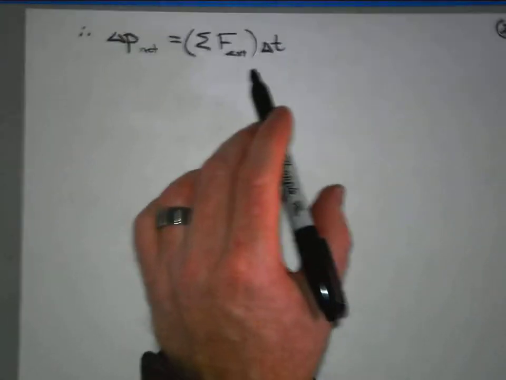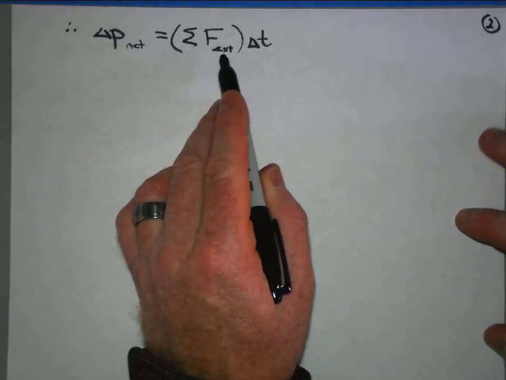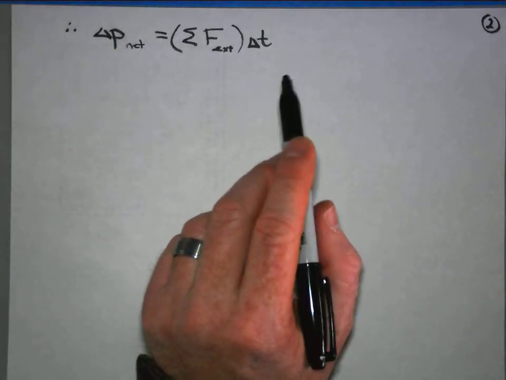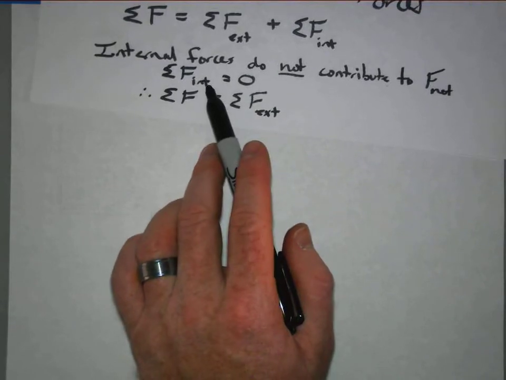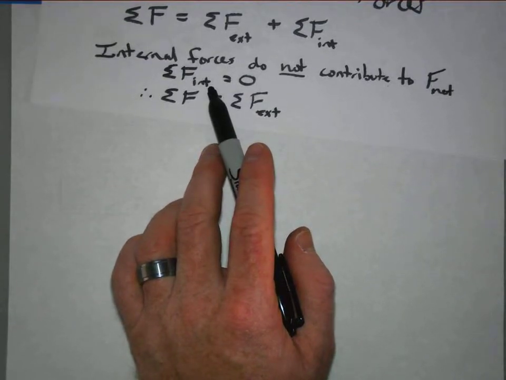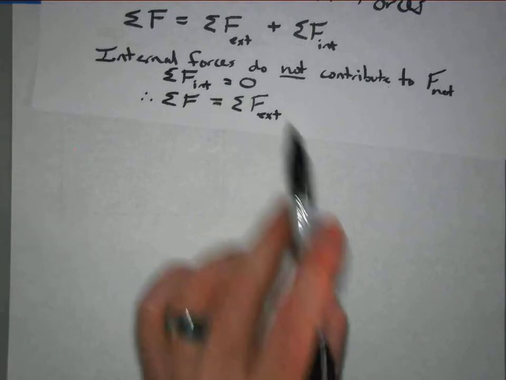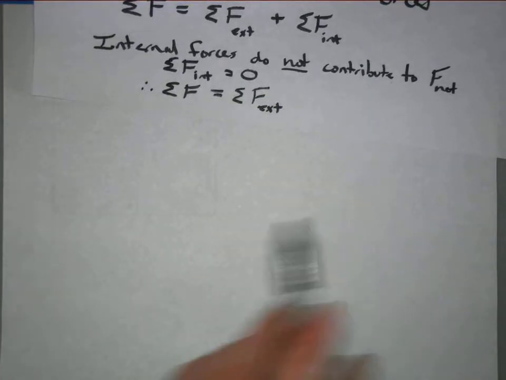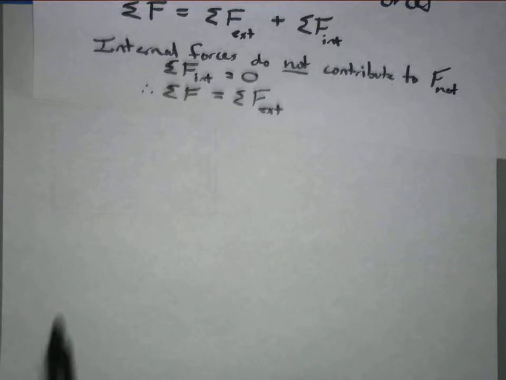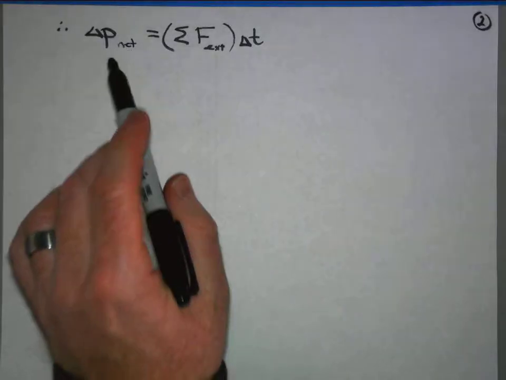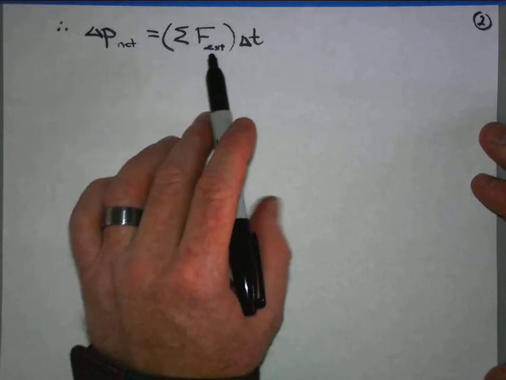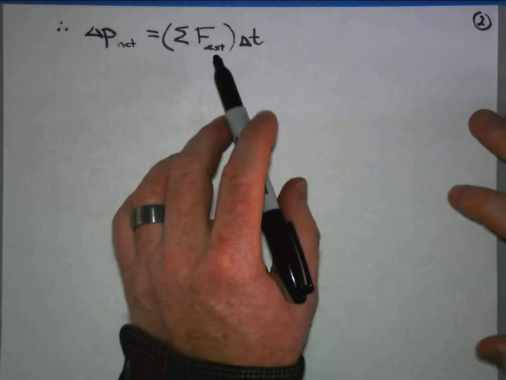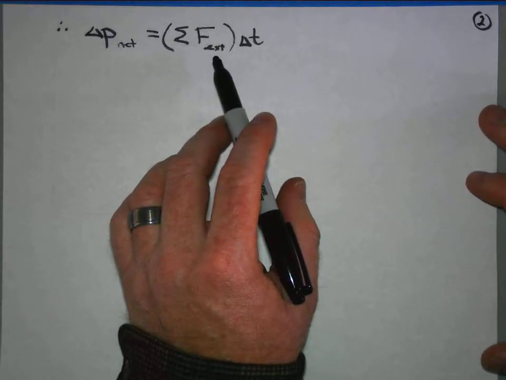It used to be that we would say simply, it's just the sum of forces multiplied by the time interval. Well, now we see that any internal forces, like you sitting in the driver's seat pushing on the steering wheel, do not contribute to the net force acting on the object, because internal forces always cancel out. And so we're rewriting this relationship between the change in momentum and force and time to only specify those external forces.